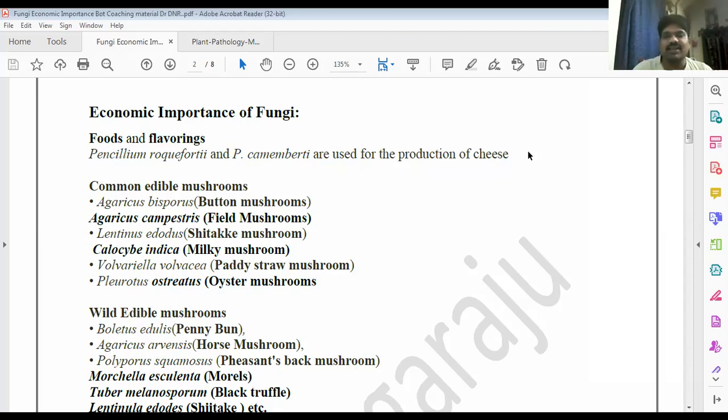The fungi is playing the key role in most of the areas, not only a specific single area.